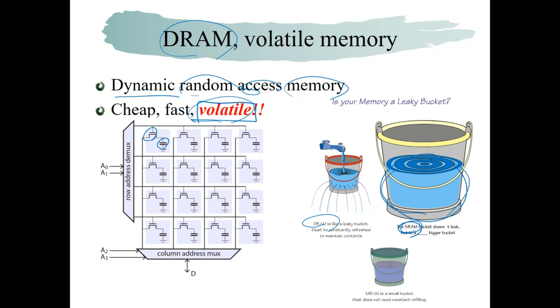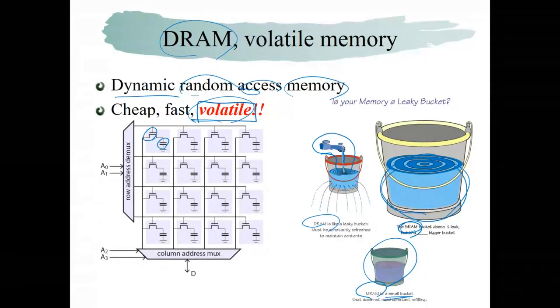So how can you make a small basket, meaning we can store more information without such leakage? This MRAM is small and doesn't have any leakage. Refreshing the leaked water means we need to refresh the information, or in other words, we have to use extra energy to keep the information.